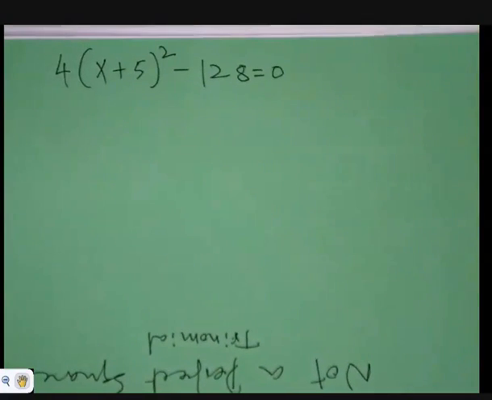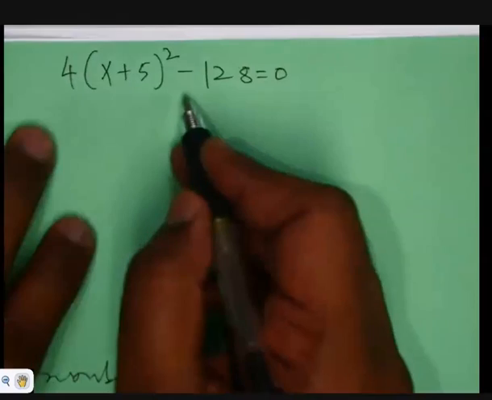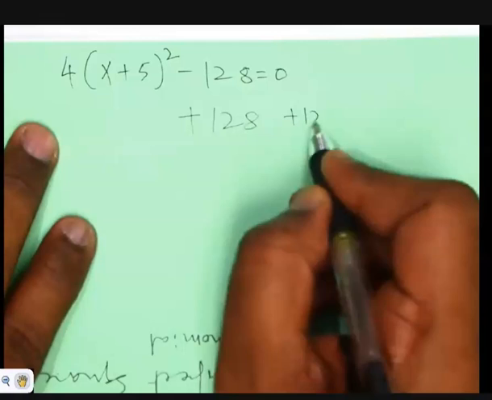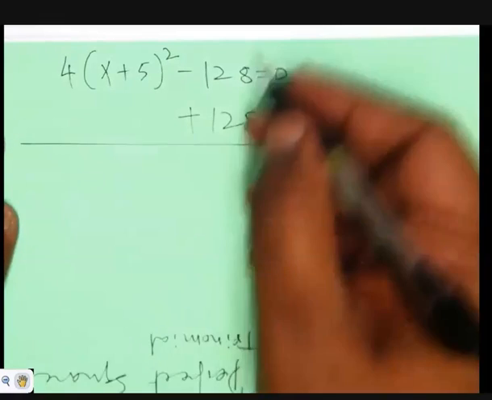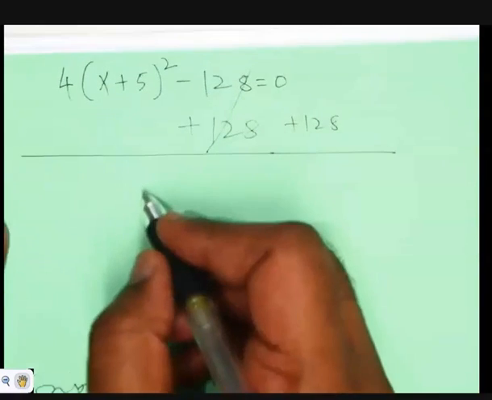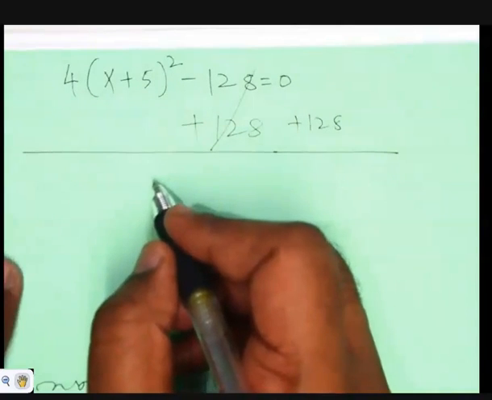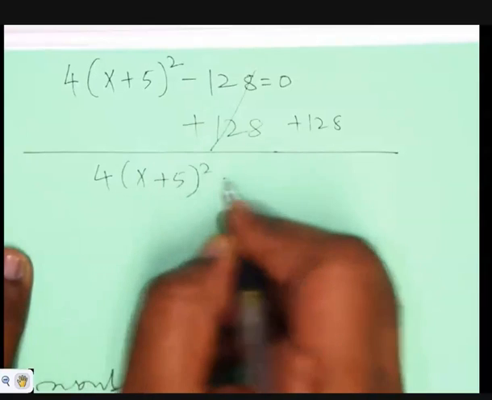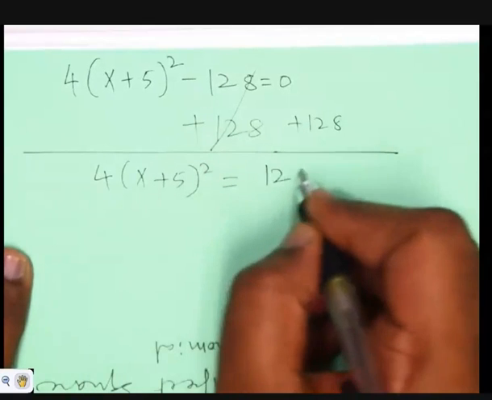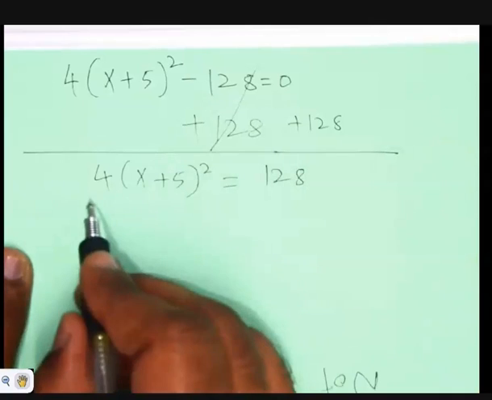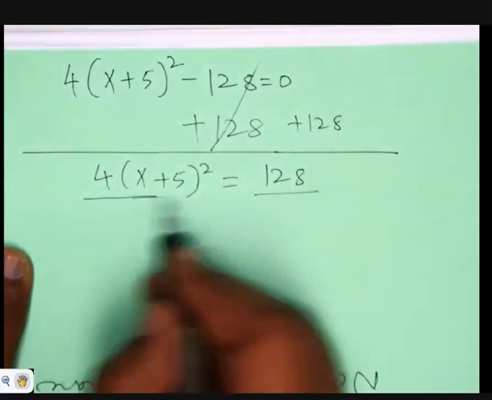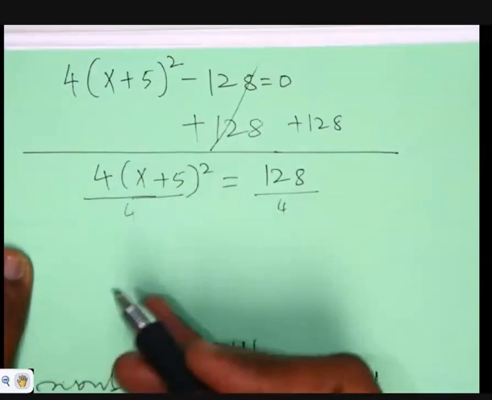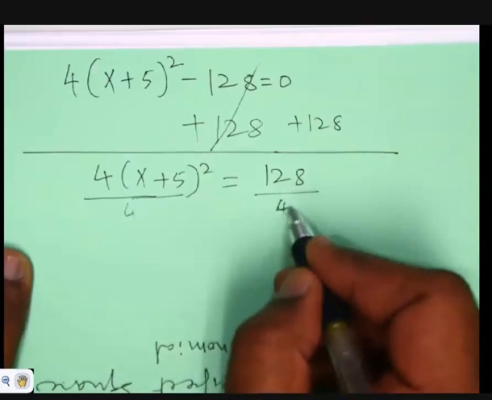So first step, you'll separate this 128, add 128 on both sides, cancel off, leaving behind 4 times x plus 5 whole square is equal to 128. Next step, you'll divide by 4. Afterwards, leftover is x plus 5 whole square is equal to whatever you get on division by 4.